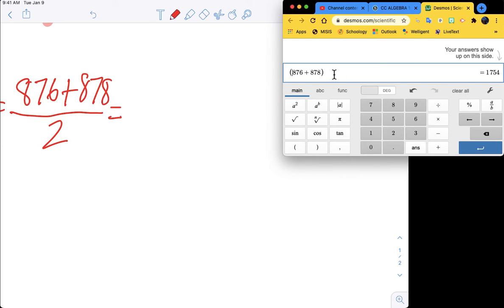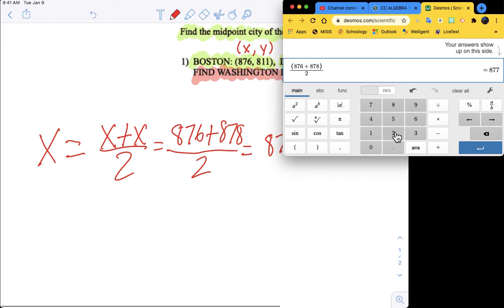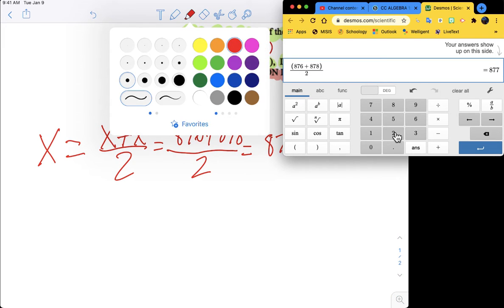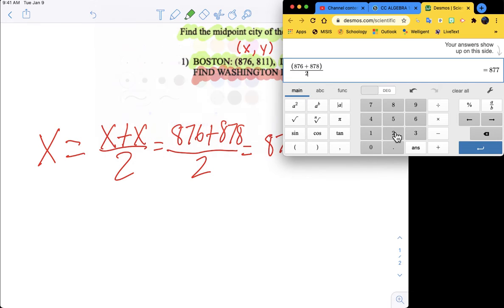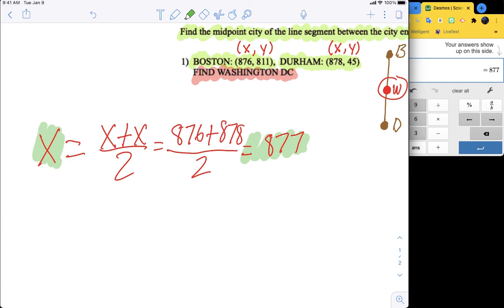Now, at the end, when I put divided by 2, it divides by the whole thing, and that's what I want. It equals 877. So I found my x. Let me highlight in a different color. This is green. So x is equal to 877.